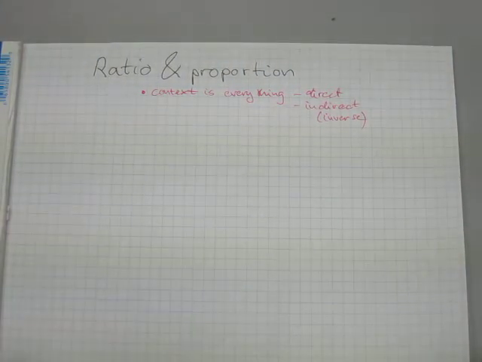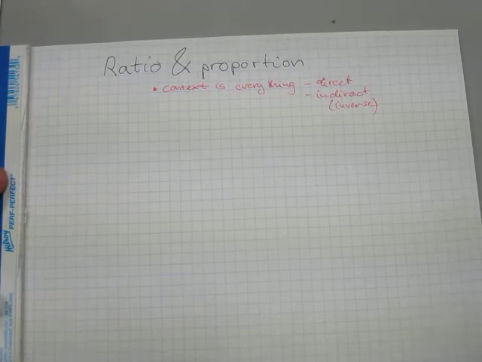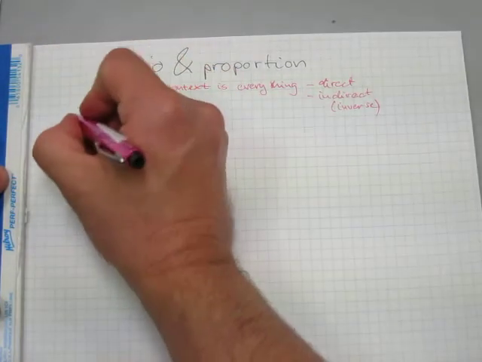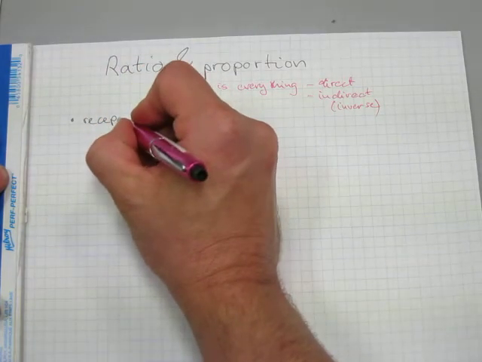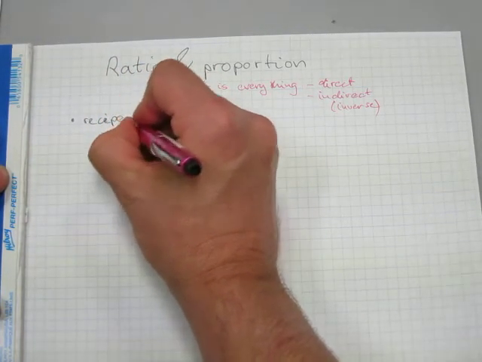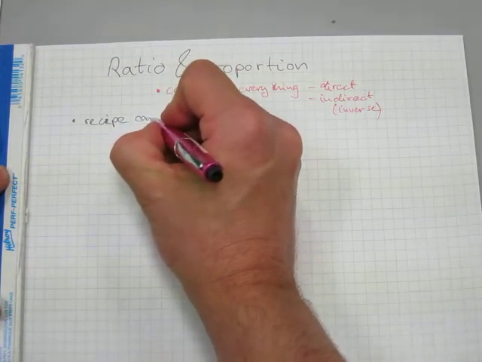Okay, let's get started with an example from the culinary arts trades. We'll go for a recipe conversion. First one, recipe conversion.